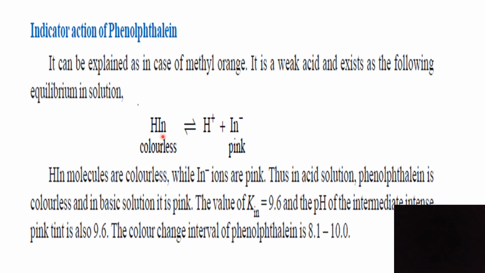On the other hand, upon addition of a base to the solution, H plus ions are removed as H2O by reacting with OH minus ions. This shifts the equilibrium to the right, resulting in an increase of In minus ions, which are yellow in color. Thus, in acid solution, unionized HIn molecules predominate and the solution is pink, while in basic solution, In minus ions are in excess and the solution is yellow.